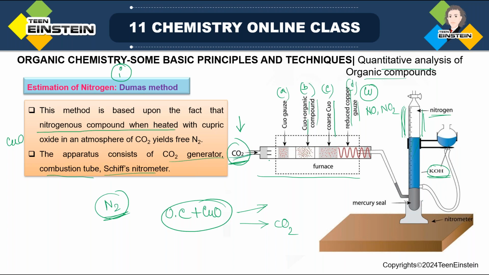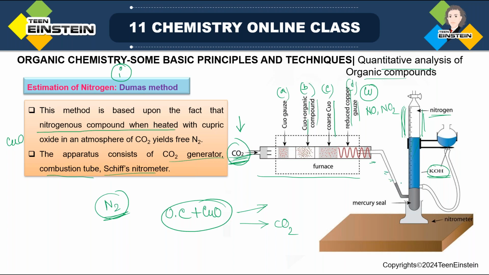First, when we start the process, that is before combustion, the atmosphere inside the apparatus will be only CO2. Once combustion is done, CO2 gas will again be passed through this whole apparatus so that all the nitrogen is expelled, because if some nitrogen is left stored inside, we do not want that.